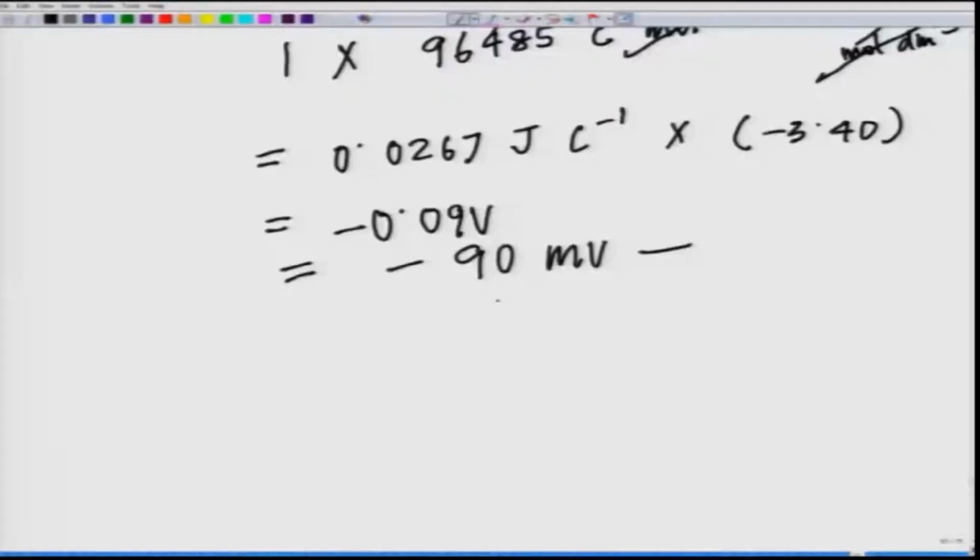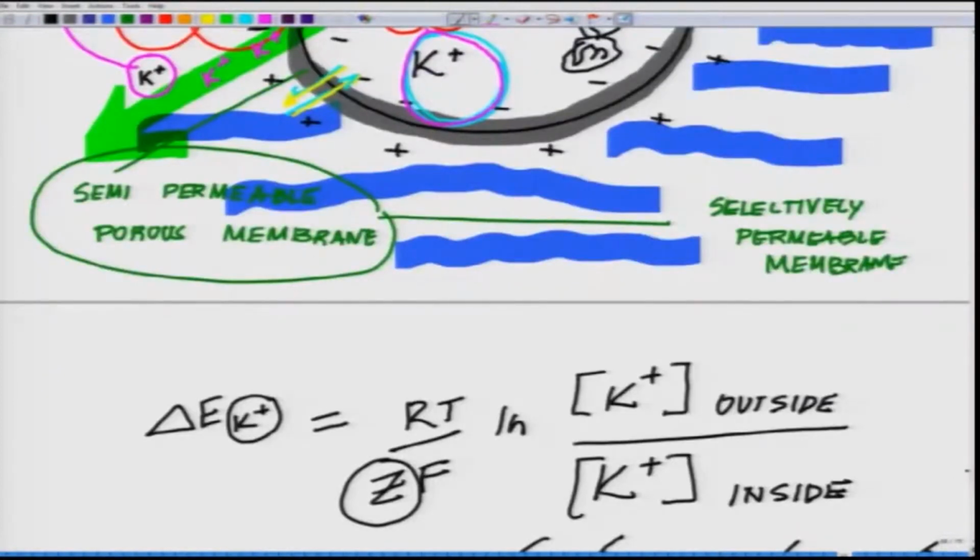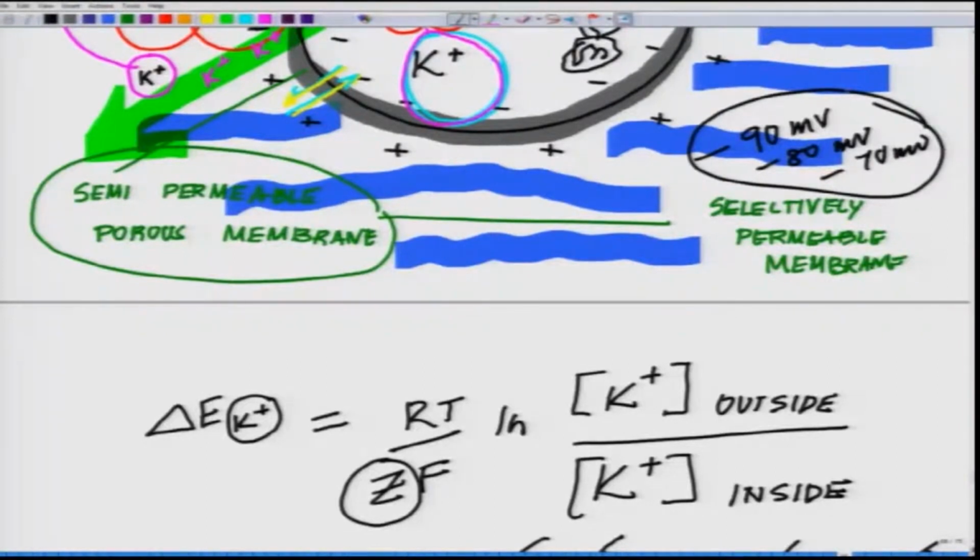Now, in the light of this, if you plug in the values, you see why a cell sits around a certain value. I told you in the beginning, mostly a cell sits around either minus 90 millivolt or minus 80 millivolt or minus 70 millivolt. This is the zone, barring certain cells.